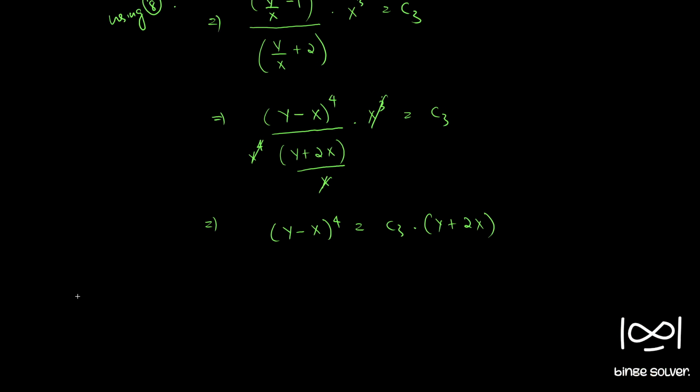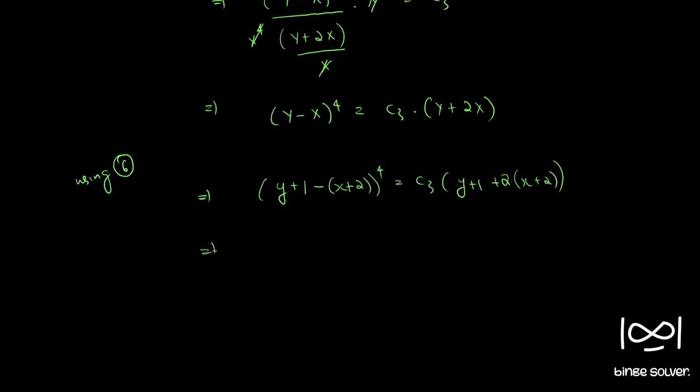So using 6, we have y plus 1 minus x plus 2, raised to 4 is equal to c3 into y plus 1 plus 2 into x plus 2.